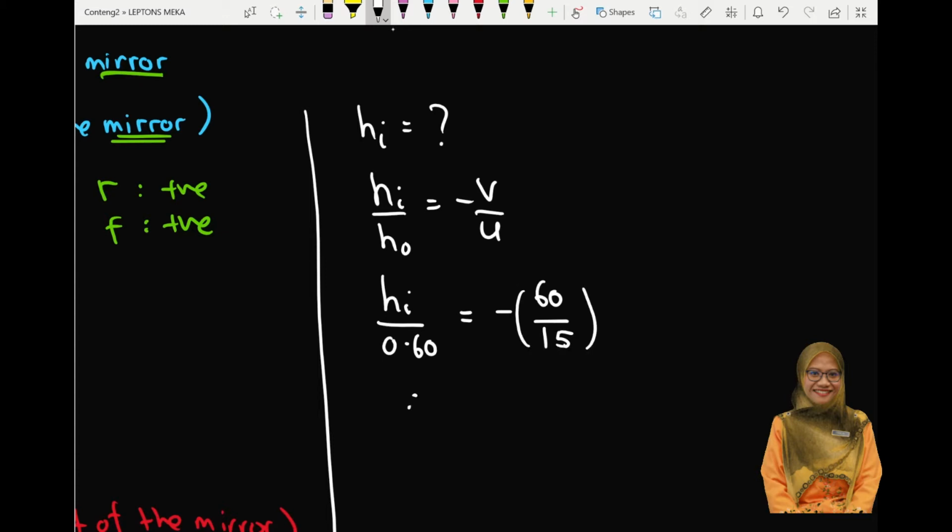Therefore we get the height of image is negative 2.4 centimeter. As we know, for the measurement of height there is no negative value. This negative actually stands for an inverted image.